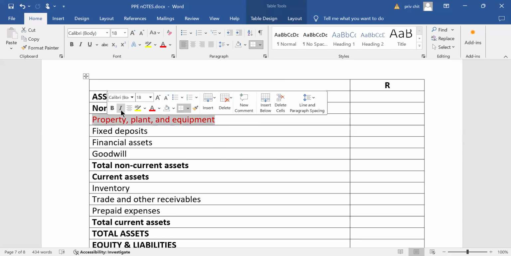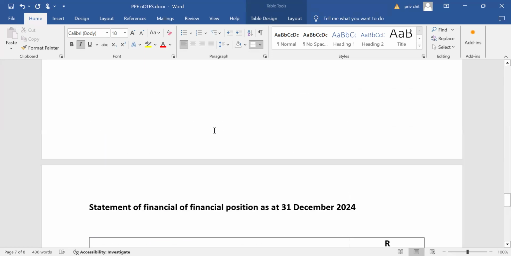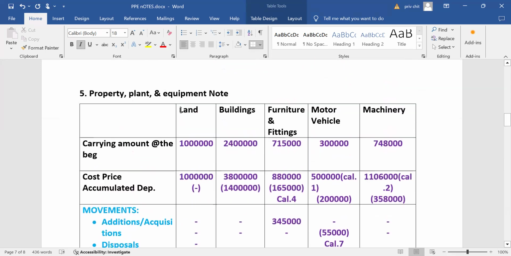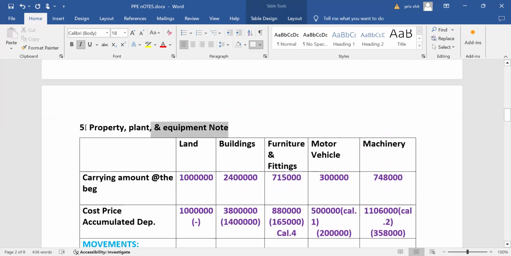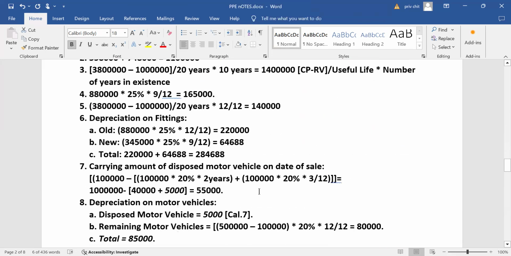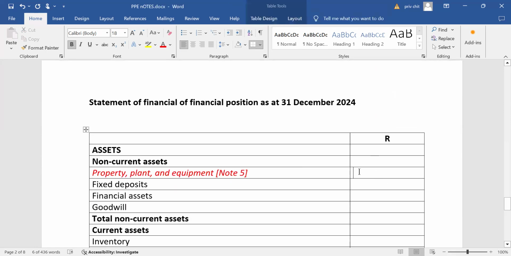So where is this value coming from? It's going to come from the note that you would have calculated, note 5, the property, plant, and equipment note that I was showing you guys earlier. This is where the value you are supposed to disclose here in the statement of financial position would come from.